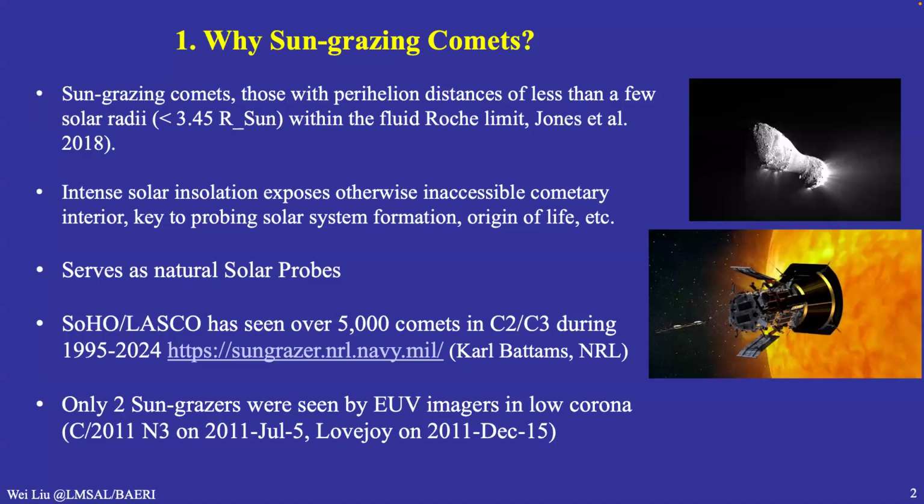We only have 2 comets captured by UV imagers very close to the sun, back in 2011. Both happened within half a year. After that, we thought more comets were coming, but for almost 1.5 decades we had not seen another one until maybe last year. I will show some examples.